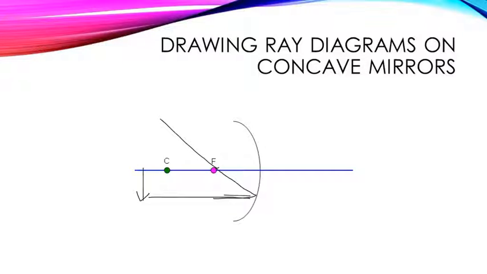And then you'll just continue it off, making sure to draw your arrows. The second ray travels through the focal point and then back parallel to the principal axis.